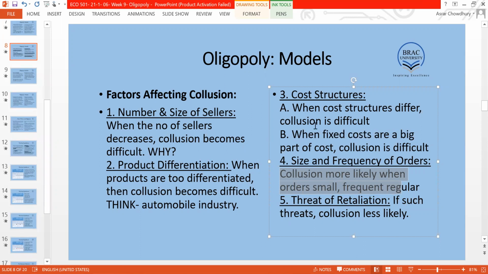Again, we have the answer over here. When orders are very large, for example, let me give you an answer. If Daraz and Evaly decide to collude, okay, they're both online companies. You make an order and they'll supply to you. But there will be a threat of retaliation from either one, won't there?